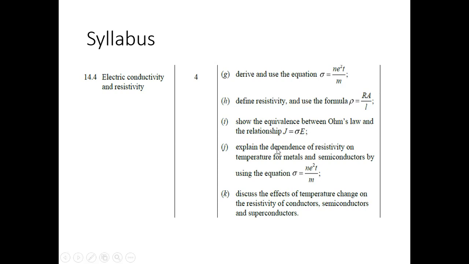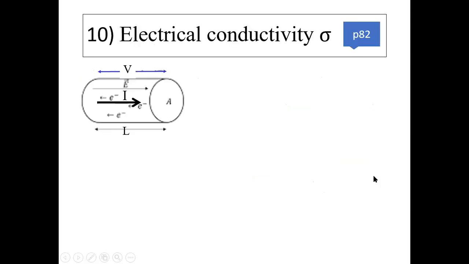And then explain the dependence of resistivity on temperature for metals and semiconductor using this equation. Then discuss the effect of temperature change on resistivity of conductors, semiconductors and superconductors. Okay, so that's our target for 14.4.